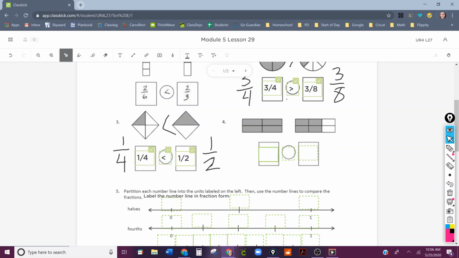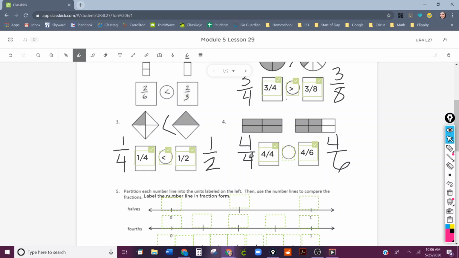Number 4, they've shaded 4 pieces out of 4. Over here, they've shaded 4 pieces out of 6. I'm going to write that in fraction form, 4/4, 4/6. Let's look at just the denominator since the numerators are the same. The 4 is smaller than 6.